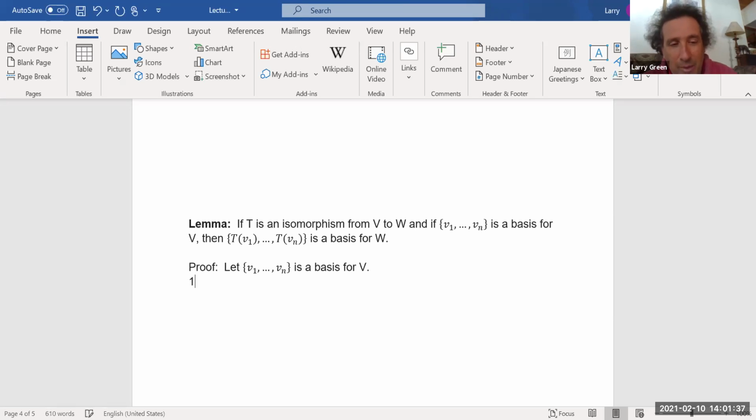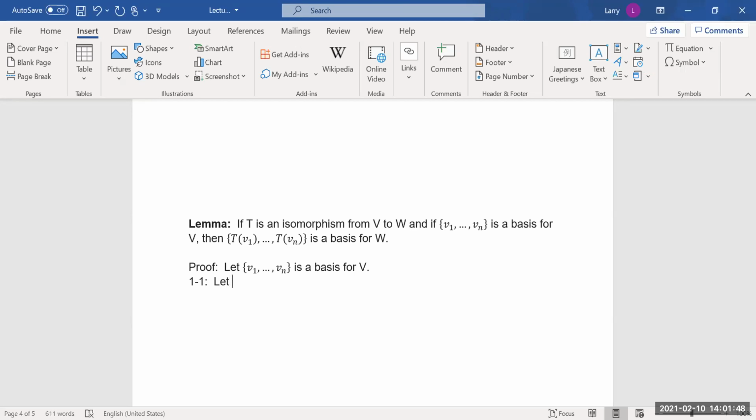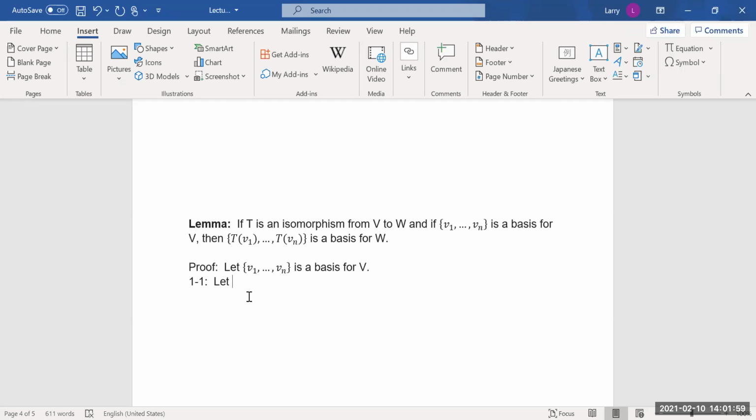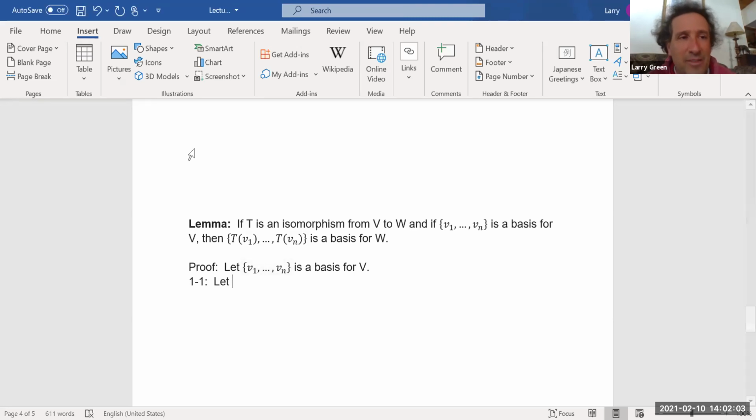So let's go one to one first. How do you show something's one to one? T of B equals 0 and B must be 0. Yeah, it's probably what you were thinking, but T of C1 V1 plus ... Cn T of Vn equals 0. So it's an equation with some sums.